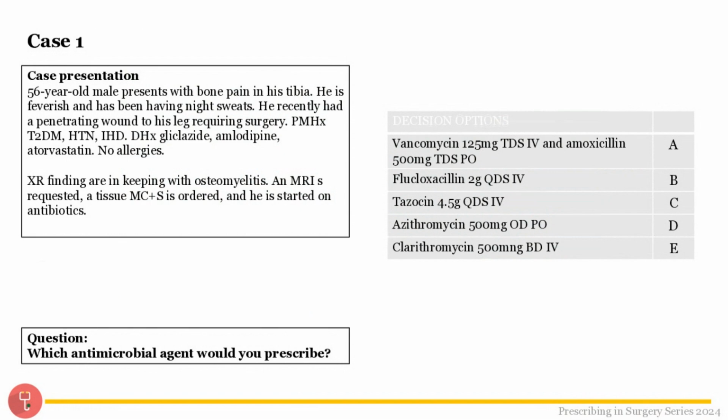So we get an MRI and we're getting a tissue MC&S as well. And he's started on some antibiotics. And the question is, which antimicrobial agent would you be prescribing? So that's the first poll up.